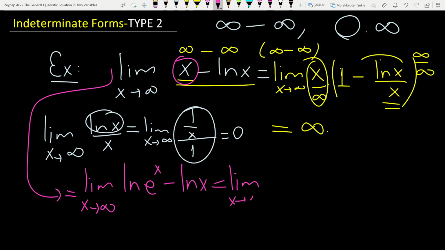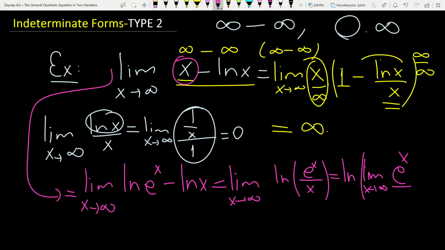when x tends to infinity, you have ln of numerator over denominator. Using the properties of limit, you can take the limit inside the parentheses: e to the power x divided by x.